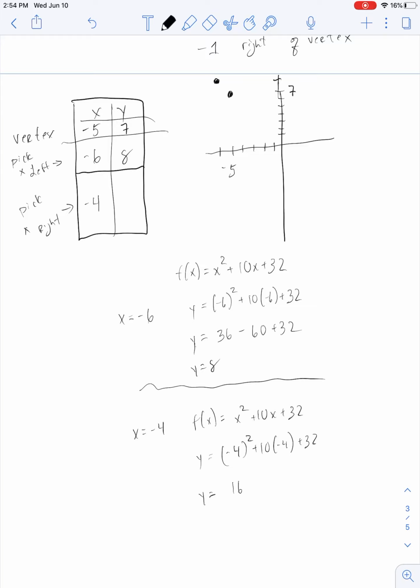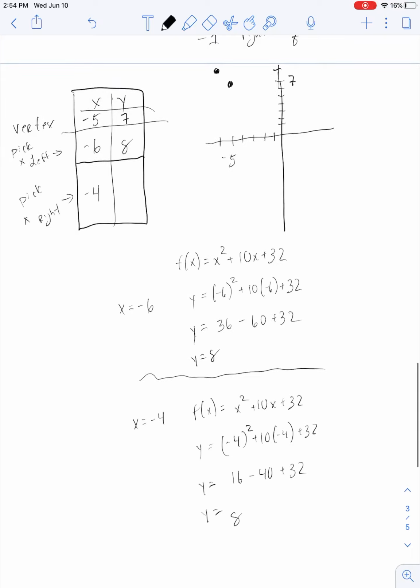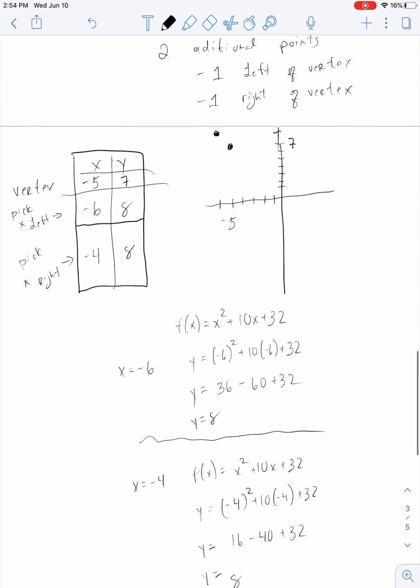This is 16 minus 40 plus a 32. And we also get 8 there, right? So at -4, we get 8. So we see our graph looks just like this.